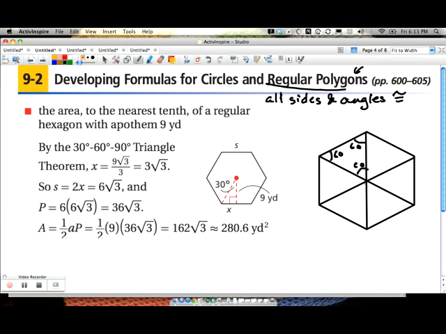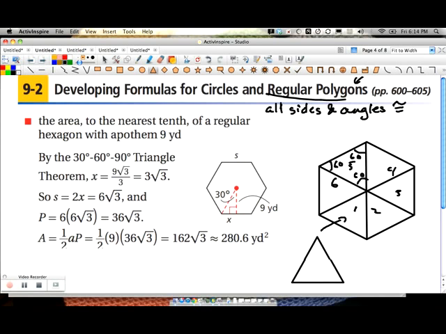If I find the area of one triangle, I can make all 6 of them. So take the area of 1 times 6, and that gives me the whole shape. So let's figure out the area of just one.